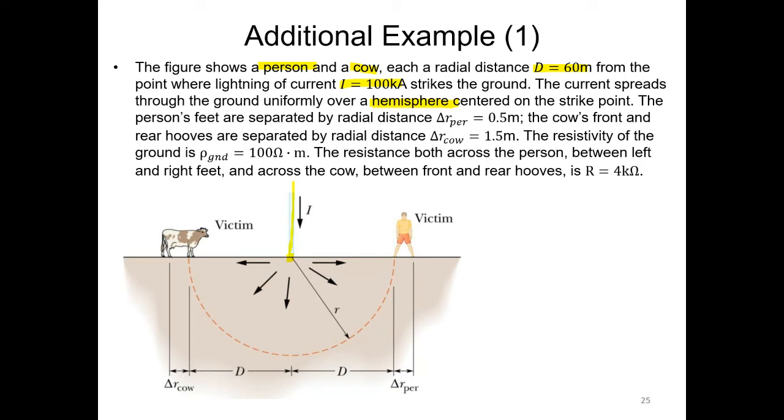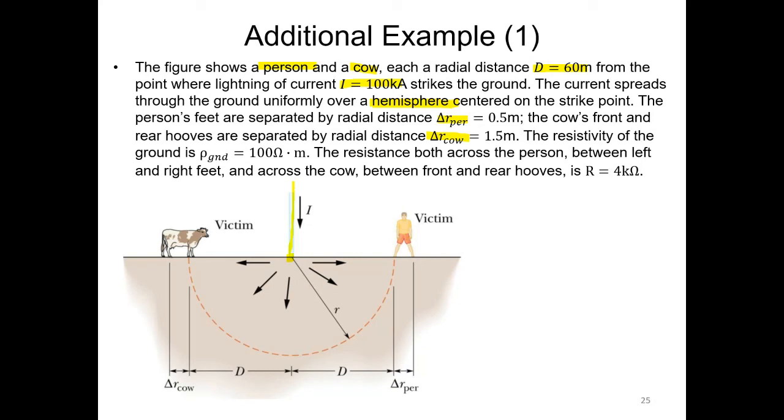The person's feet are separated by a radial distance delta r_p of 0.5 meter. The cow's front and rear hooves are separated by a radial distance of 1.5 meters.